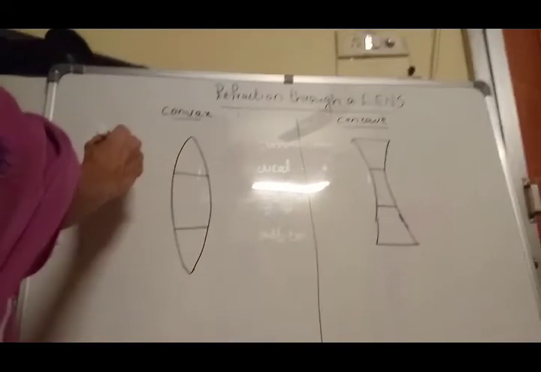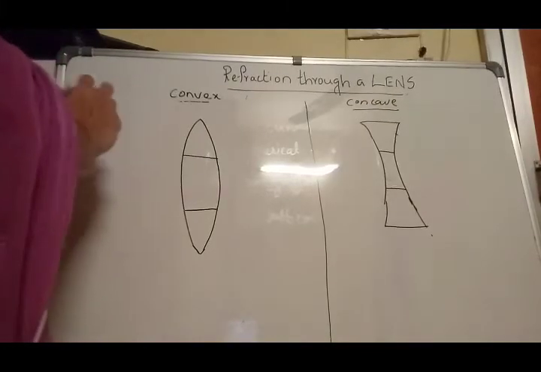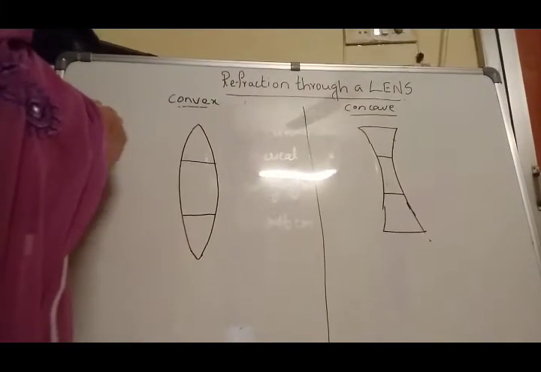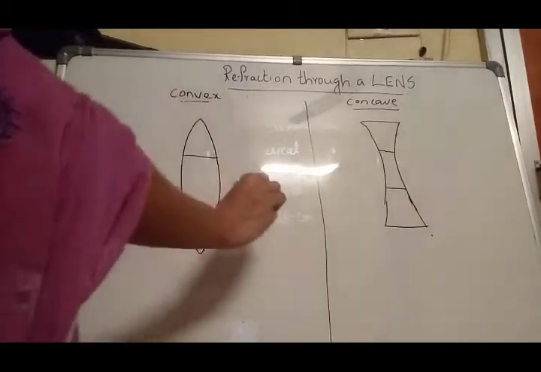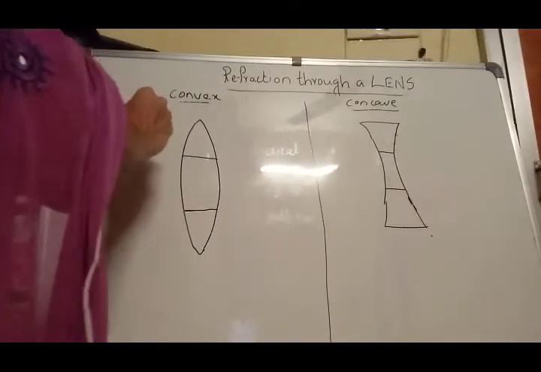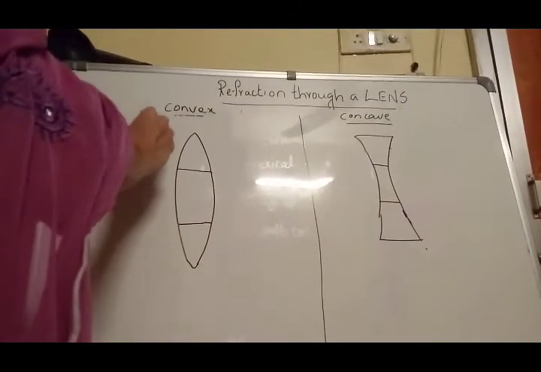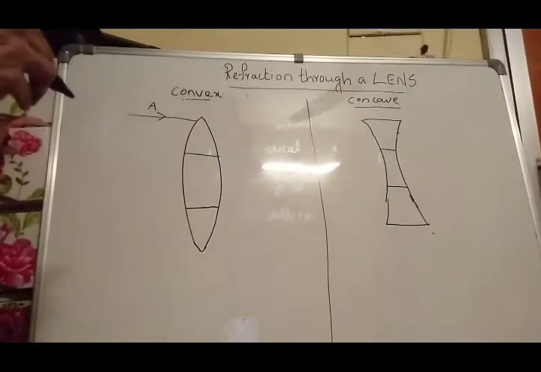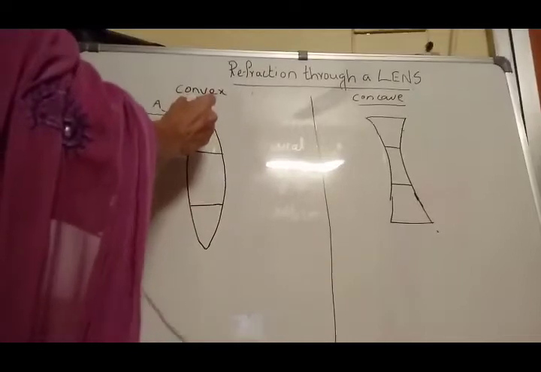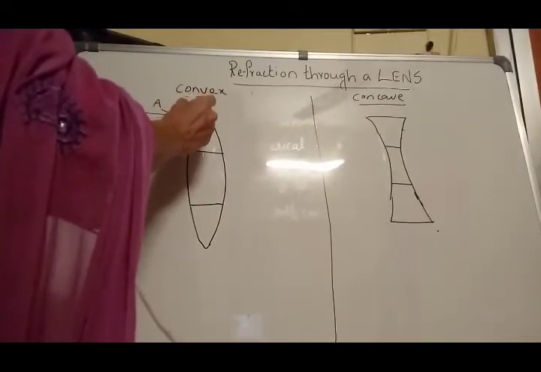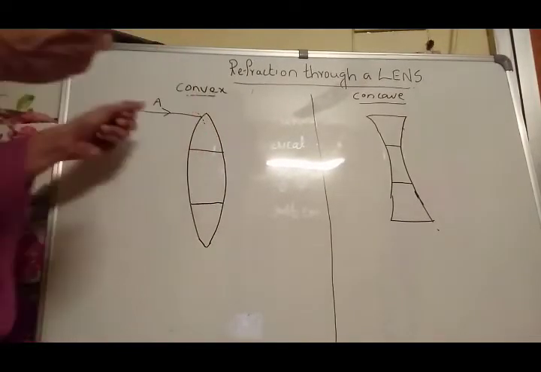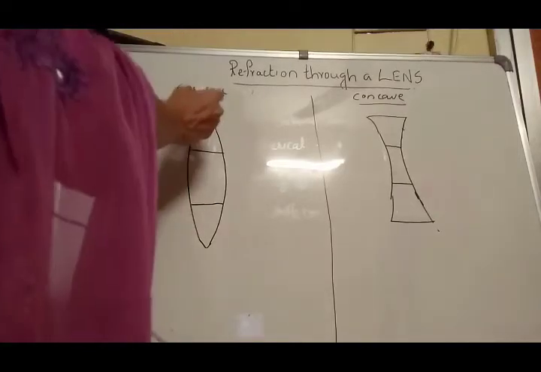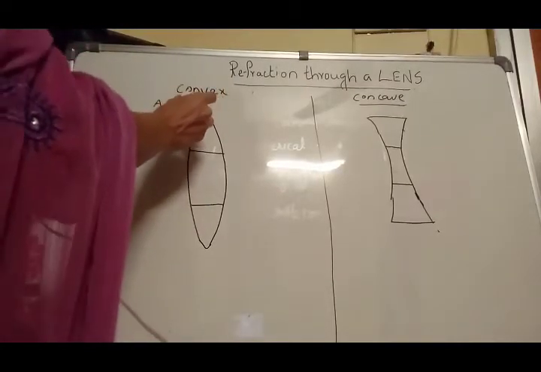I am going to consider rays which are coming in a straight line, parallel to the horizontal. First we'll see this one. Let us consider this to be ray A. On striking this, you know that there will be a normal, and when it is traveling from air to glass, it will bend towards the normal.